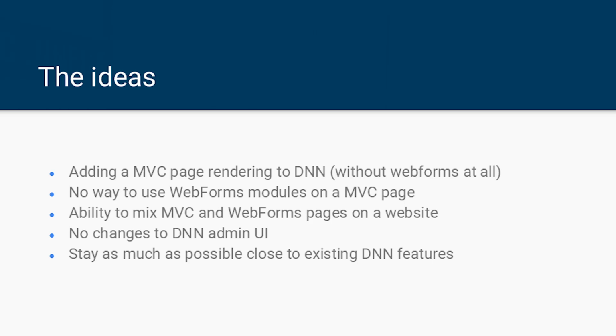But we leave the ability to have a mix of web forms and MVC page on a website. So you can really decide page per page if you want to run this page in the MVC pipeline or in the web forms pipeline. So we can migrate our website step by step.